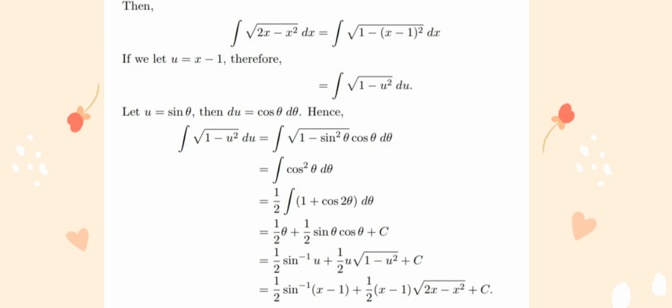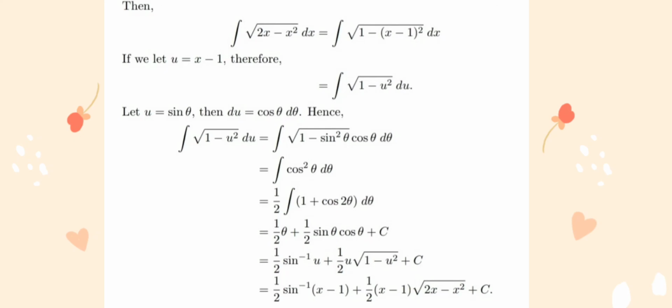Next, we let u equal sin theta, and then we differentiate. We get du equal to cos theta d theta. Next, we substitute u equals sin theta and du equals cos theta d theta. We will get the integral of square root of 1 minus sin to the power of 2 theta, times cos theta d theta.